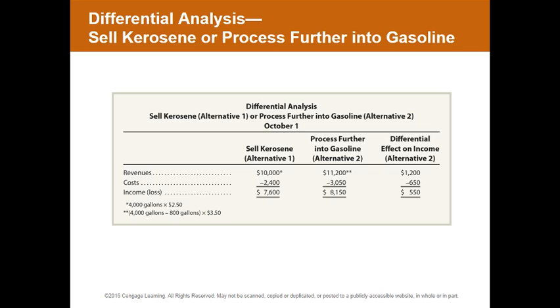If we chose to process this further, take it into gasoline, we would have 11,200 in revenues, 3,050 in costs, giving us 8,150. So therefore, taking it all the way to gasoline, even with an evaporation consideration, we would have $550 of additional revenue to process this further.